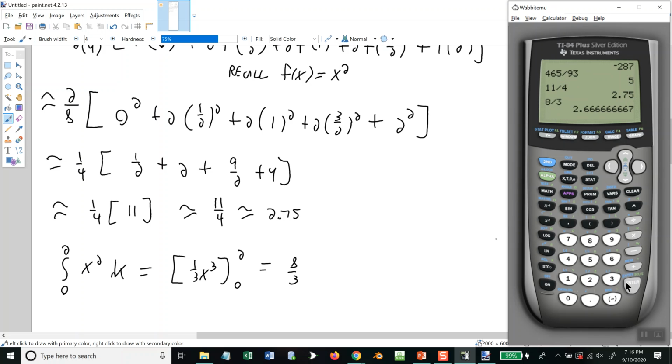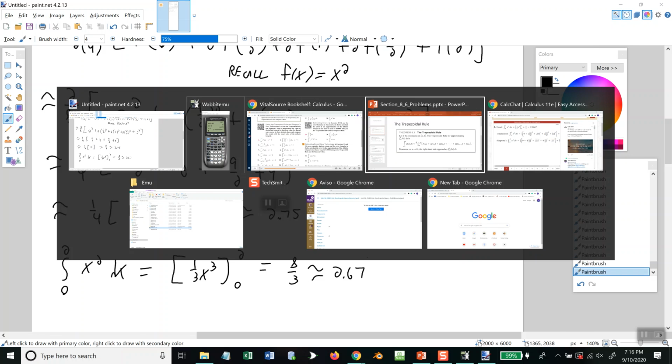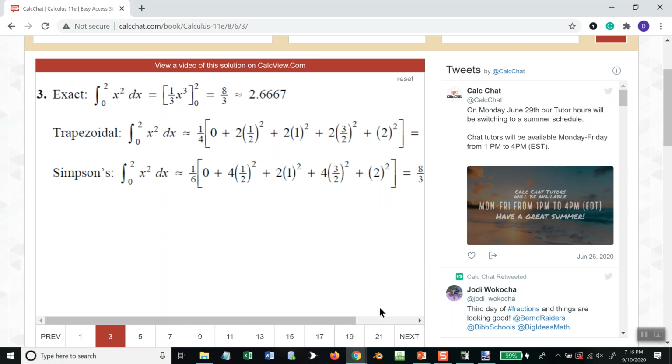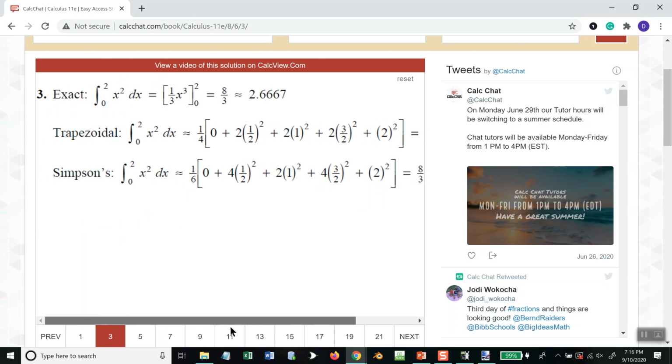That gives us 2.67. So it's a little bit off there, isn't it? Assuming I didn't mess up math. Let me double check that. 2.75. Okay, I didn't screw that up.